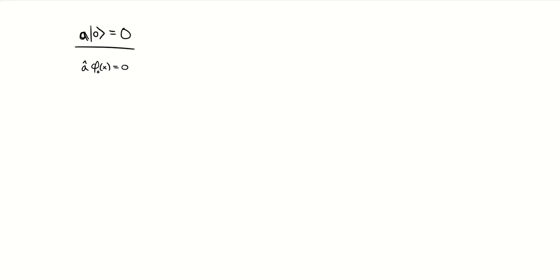And we know our A operator, our lowering operator, is just square root of m omega over 2 h bar times x plus i p over m omega, acting on that zero eigenfunction equals zero.